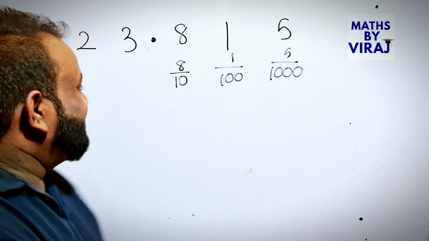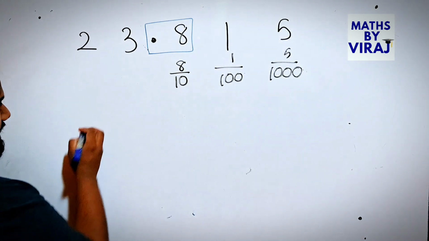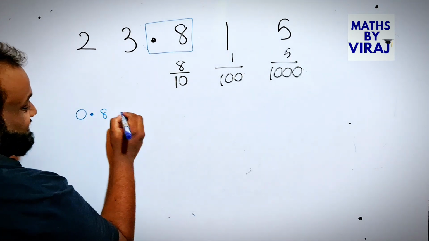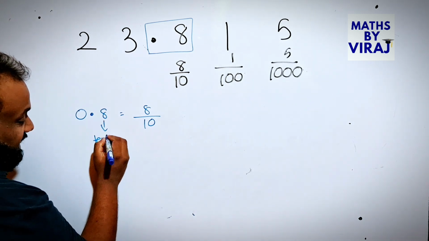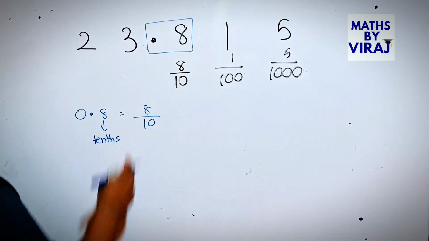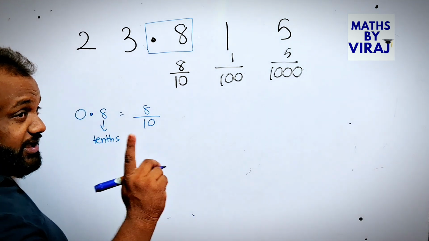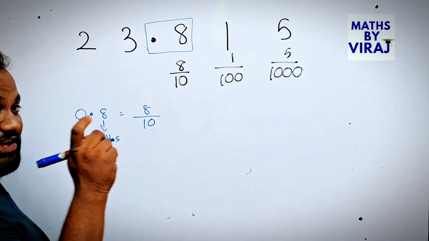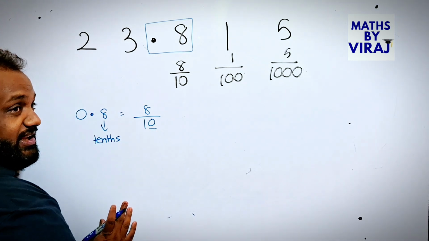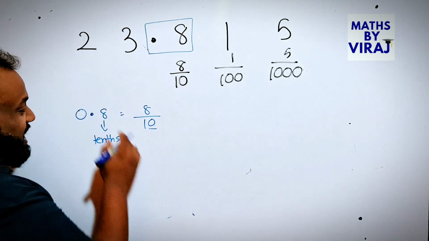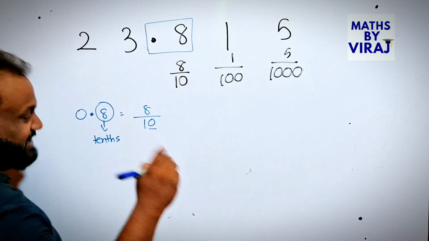Right, let's see this. We know that if I have to consider only 0.8, it is what? 8 tenths. Because this is in my tenths place, which is like 8 over 10. So what is it that we understand now? We are here to learn things in a quicker way, rapid fast. How many zeros do I have underneath? 1. Therefore, how many decimal places are we to have? We should have only one decimal place.